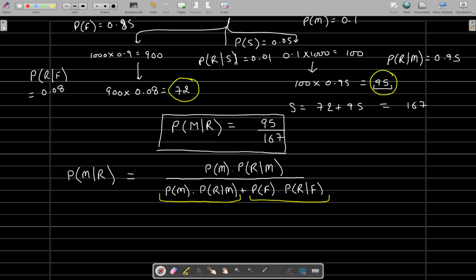Now you can modify this formula without even thinking because now you understand the logic. So you will say the probability of stomach flu times the probability of rash given stomach flu. And it doesn't matter how many diseases there are in the population. Now you understand the logic.